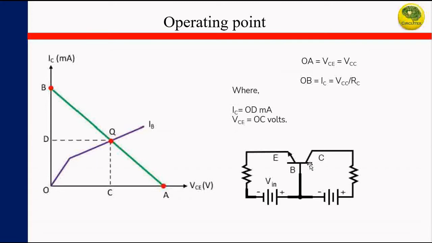The other region, where both the collector base and the emitter base regions are in reverse bias condition, is called the cutoff region. So you should remember that there are two regions: first the saturation region and second the cutoff region. These two conditions happen when the collector base and the emitter base are both in forward bias condition, or else both are in reverse bias condition.